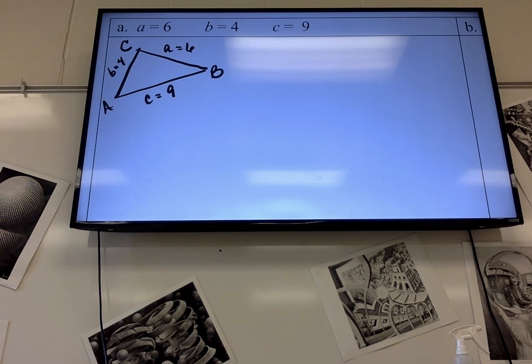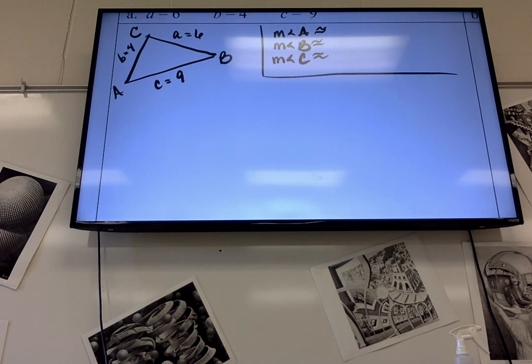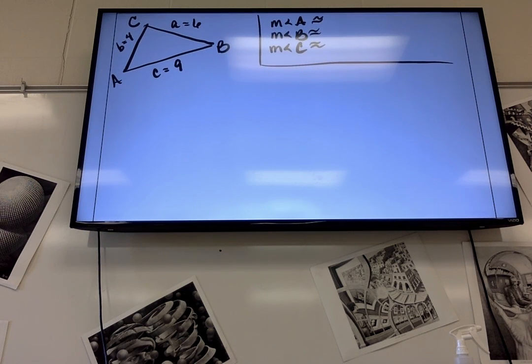So when we're asked to solve for the triangle, what we're missing is angle A, angle B, and angle C. So which one do you want to find first? A. Okay, sounds good.